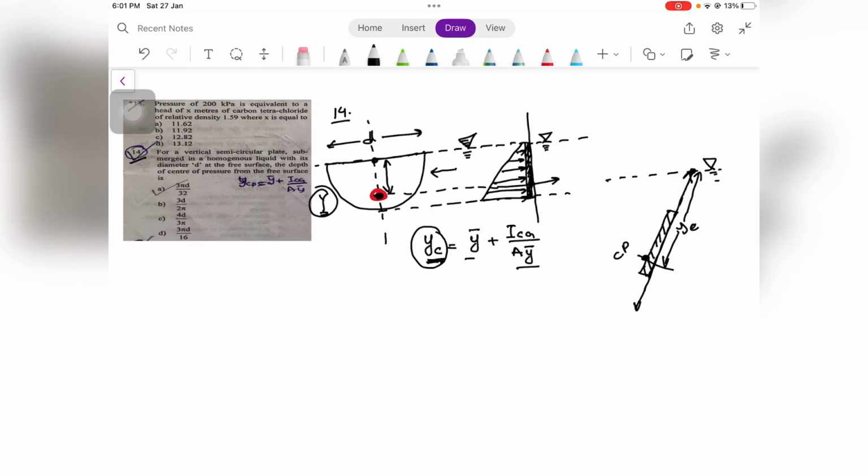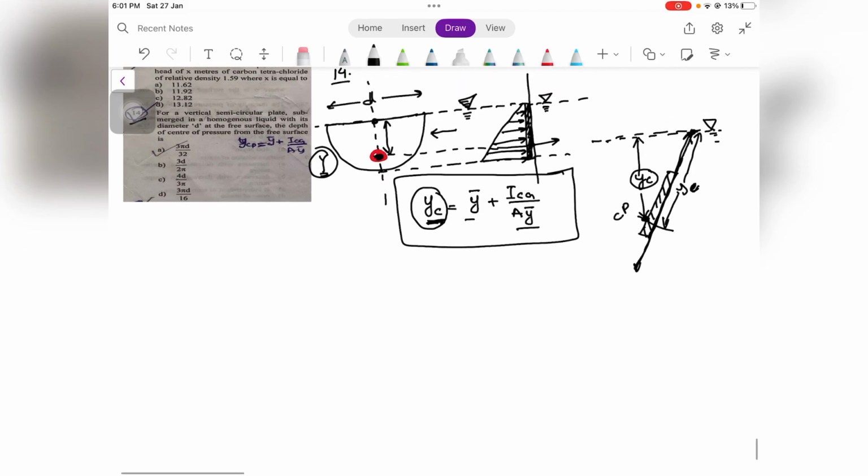We may mistakenly consider YC as the depth of the center of pressure like this, but in reality, for the purpose of using this equation, YC is the depth of the center of pressure along the plane of the plate, and we need not treat it as a perpendicular distance from the free surface.